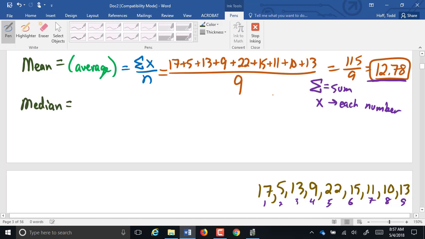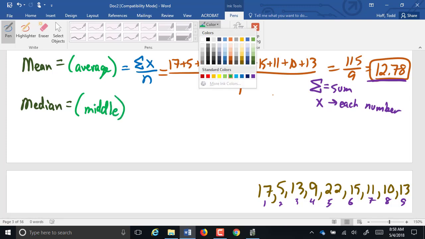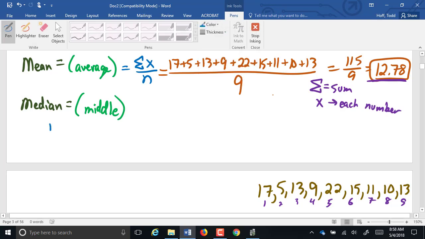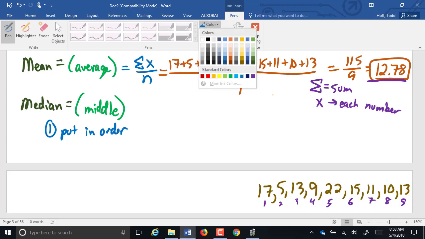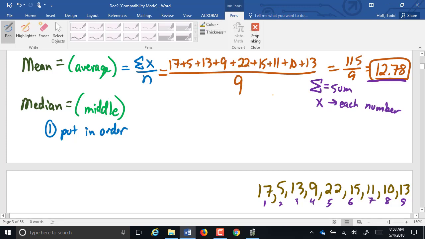The next one is called the median. The median is the middle number. So the median actually involves some steps. Step one, we have to put the numbers in order. So I have to go to my list over here and put them in order from smallest to largest.